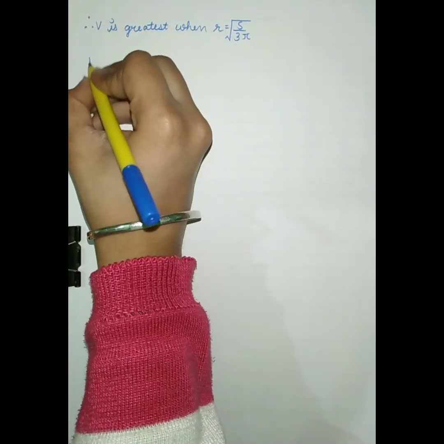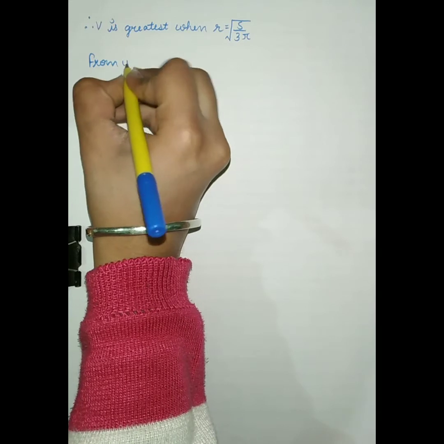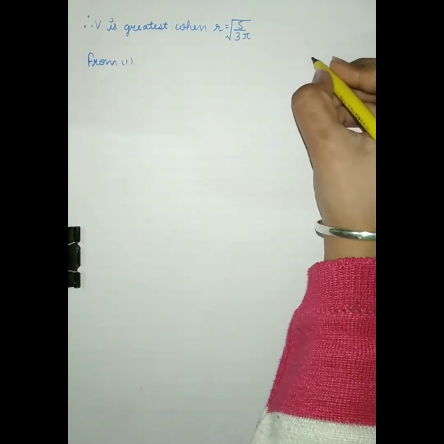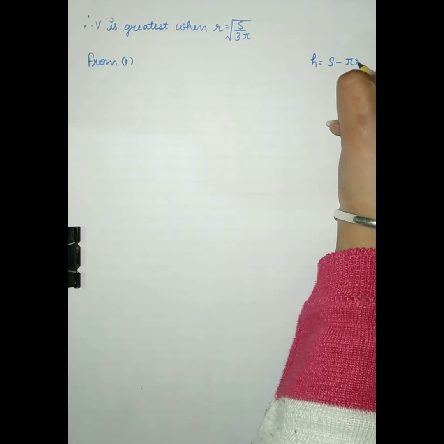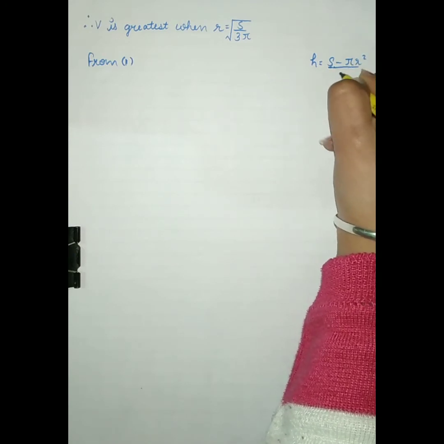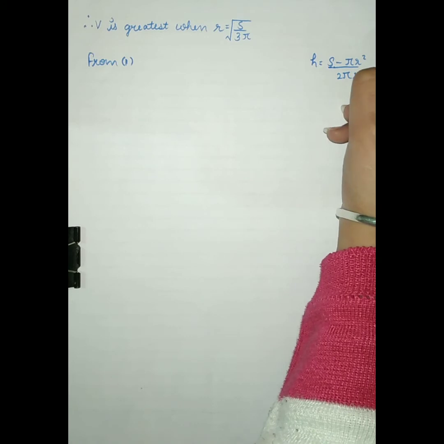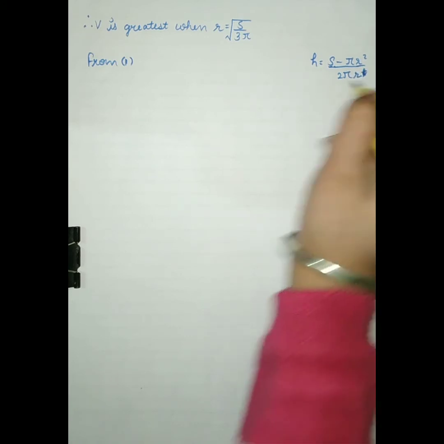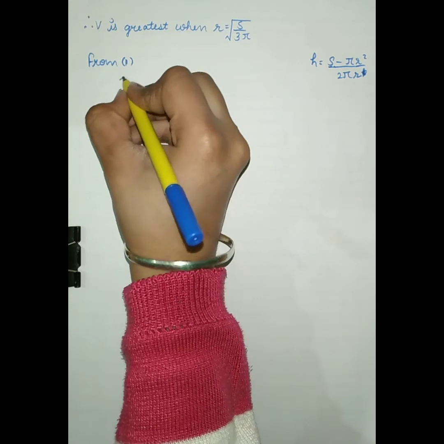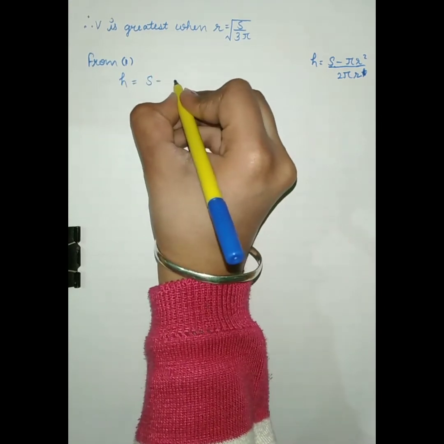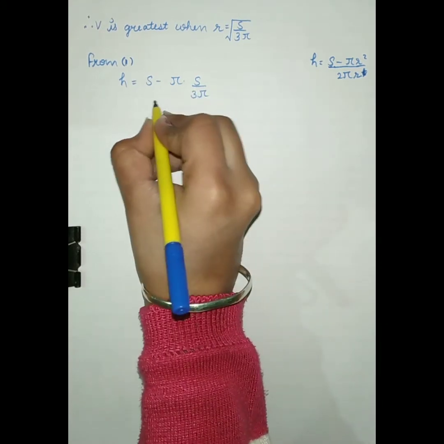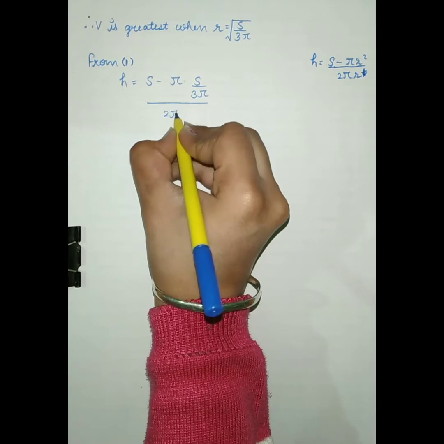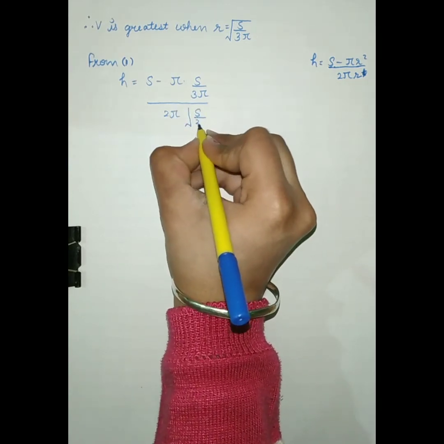Now from the first equation, we find H equal to S minus pi r square upon 2 pi r. That means here we will put the value of r. So we get H equal to S minus pi into S upon 3 pi, divided by 2 pi into root of S upon 3 pi.